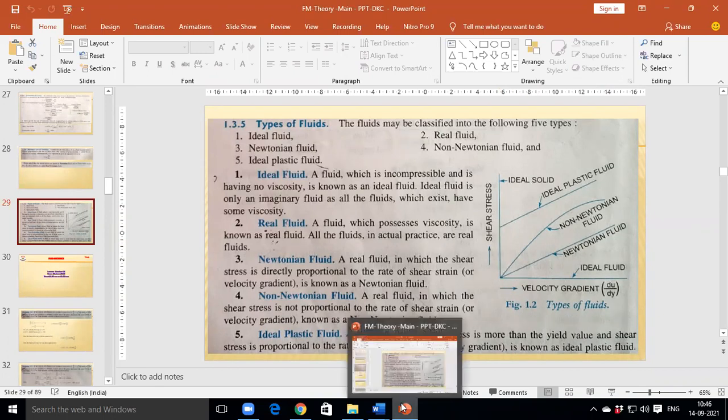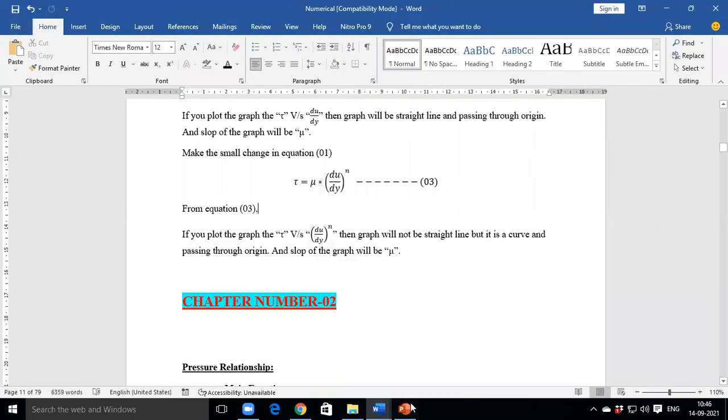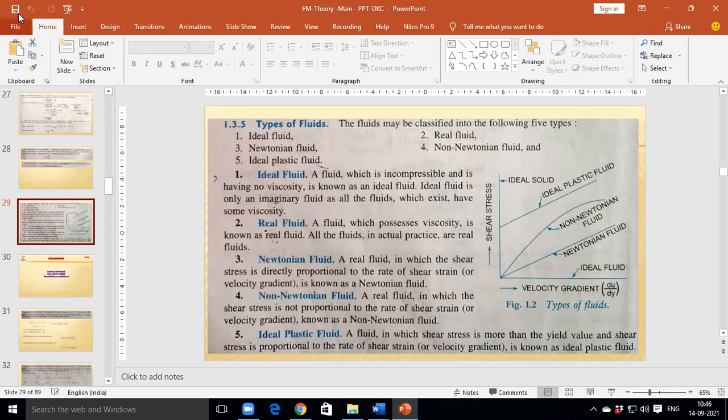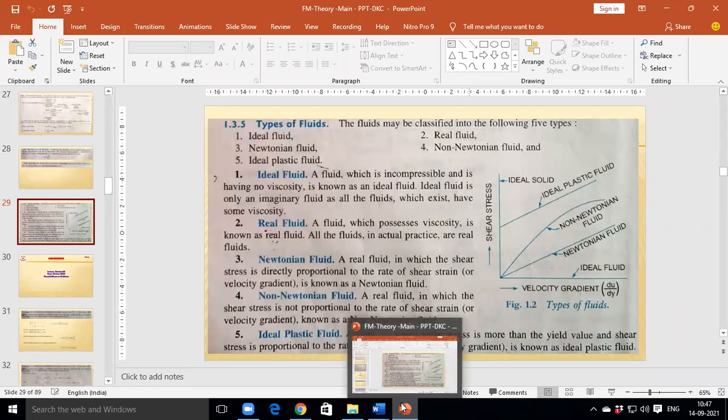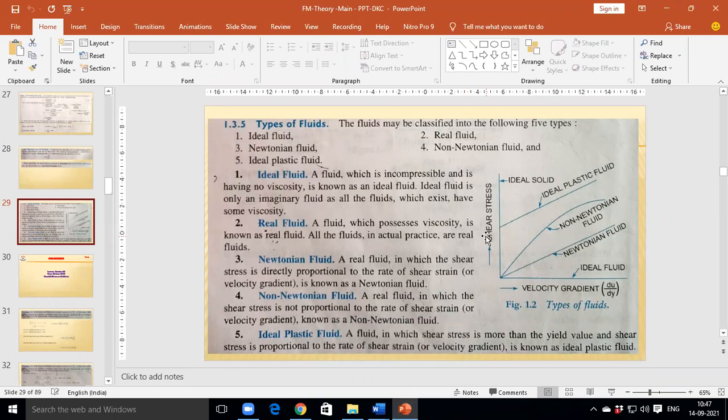If it is directly proportional, then which type of fluid is it? If shear stress is directly proportional to the velocity gradient, then that type of fluid is called a Newtonian fluid. For a Newtonian fluid, the graph passes through the origin and it is a straight line. For a non-Newtonian fluid, shear stress is not directly proportional to the velocity gradient.